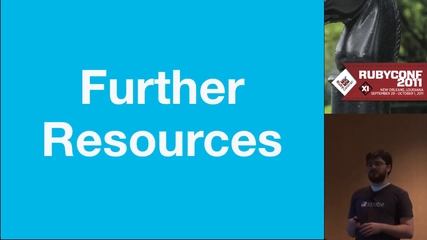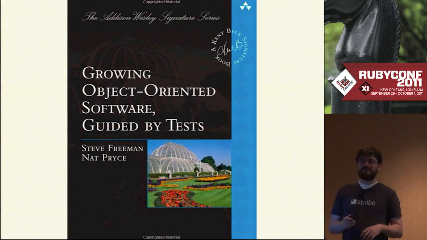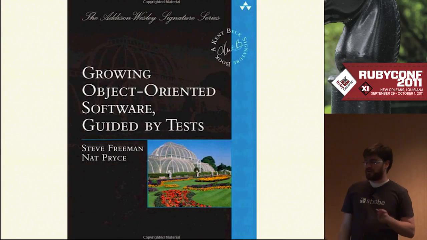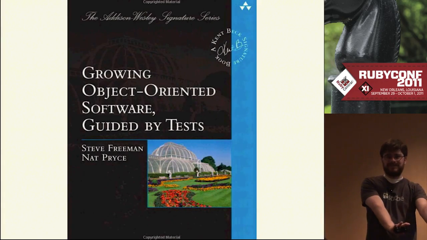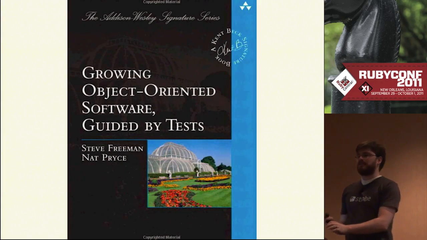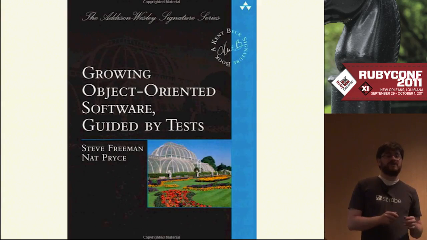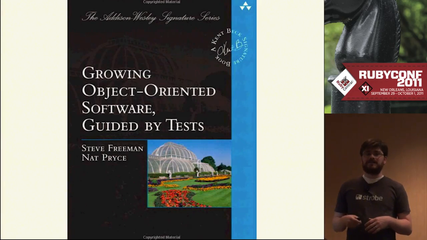Okay, so further resources. I'm going to tell you there is one that I would recommend anybody who is interested in this pick up, and it's Growing Object-Oriented Software Guided by Tests. Yes, it is in Java. But Java in many ways is the lingua franca of a lot of object-oriented design and a lot of TDD.